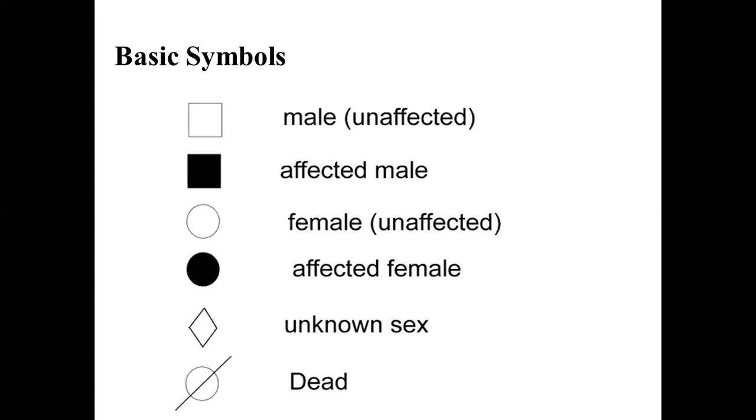Was he male or was she female? At that time you may mark a diamond there, showing there was a child, an offspring, but you could not find the exact gender of that offspring.